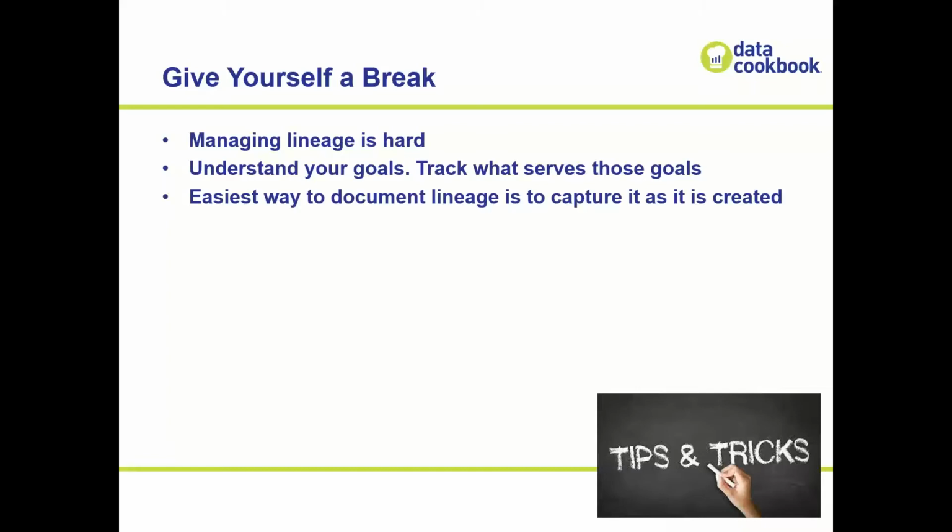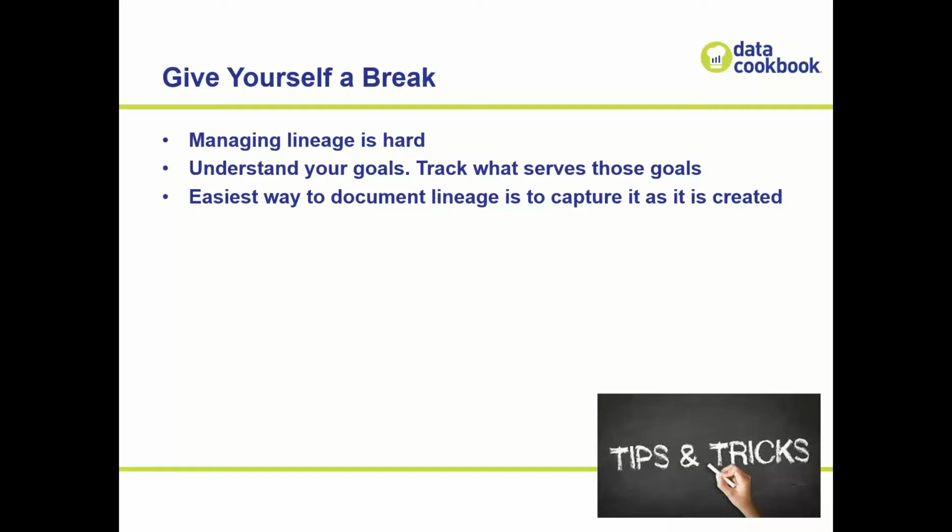The easiest way to document lineage is to capture it as it is created, right? So if someone is creating a new extract or a new API or a new view, and they're doing this in a vacuum, maybe writing the query or building some sort of extract in whatever tool, and then they're done, the object to entity mapping and the transformations are buried in that code and hard to extract.